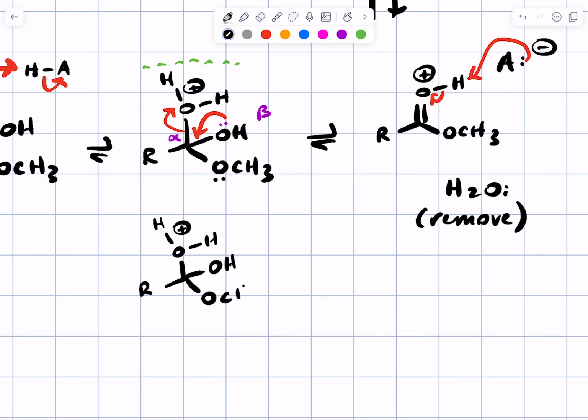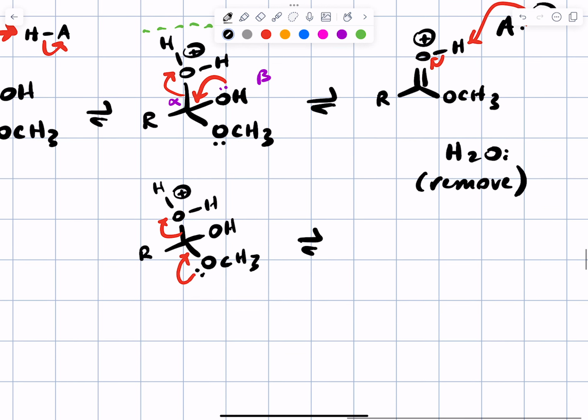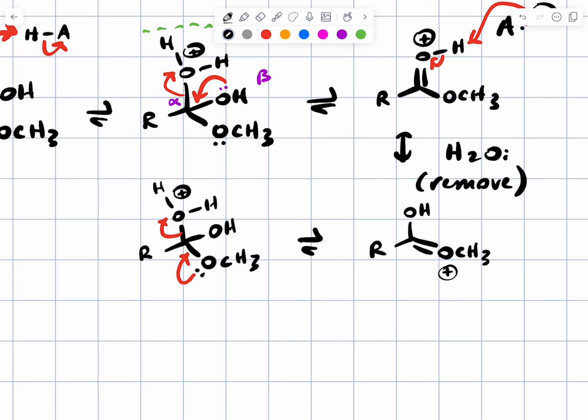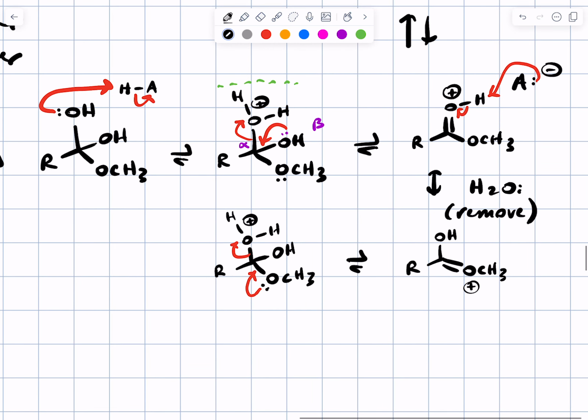And so it's got to be equivalent, and probably both kicking offs are happening. Meaning, notice how if I do that, I get this, which is just a resonance structure of that. Both of those are totally acceptable.